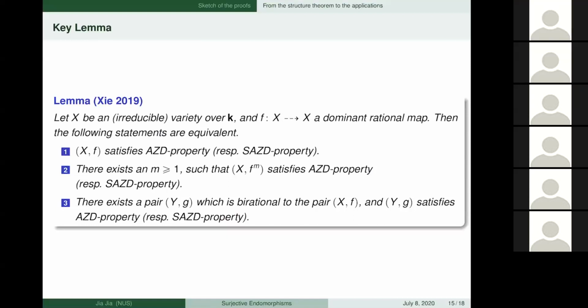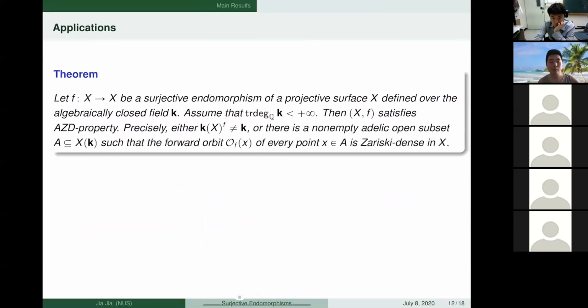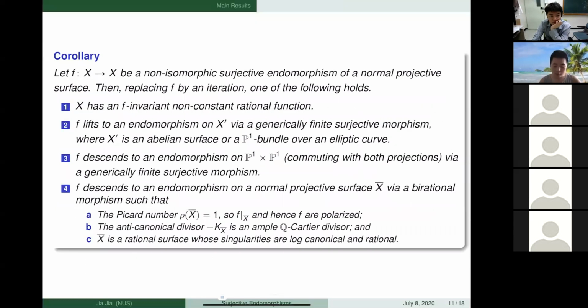Let's see our corollary. In this corollary, we have the 4 cases for this non-isomorphic endomorphism. If X has an F-invariant non-constant function, then there's nothing to prove. So either F lifts to an abelian surface or P1 bundle, or F descends to this P1 cross P1.